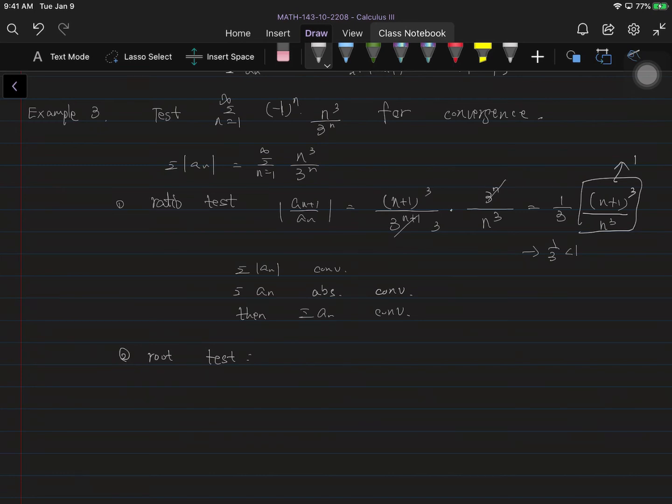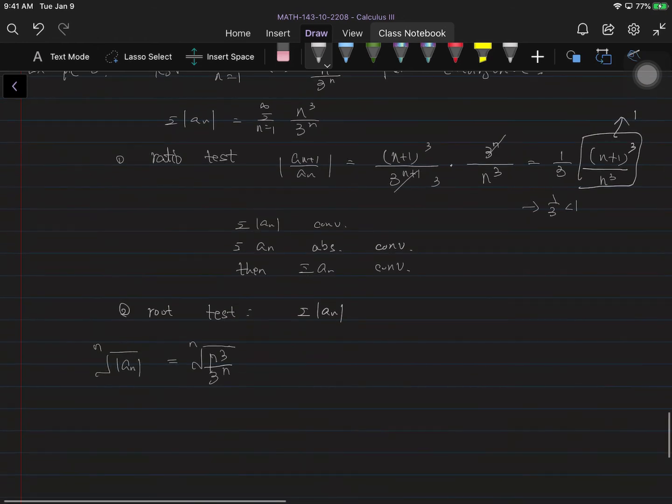Same thing, we use the root test on this. When we take the nth root of the absolute value of a_n, that means just n cubed over 3 to the n, because the (-1) goes away. Let me write down one more step here.